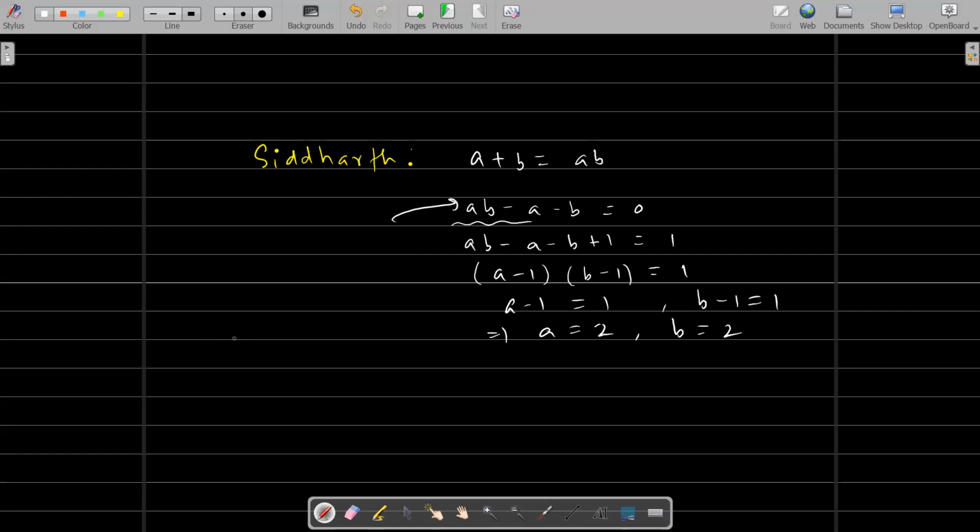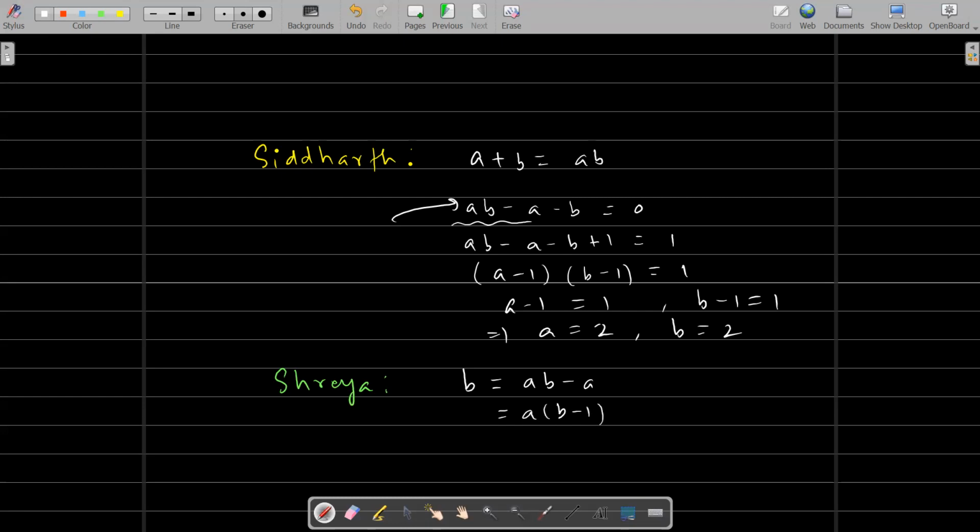Shreya, do you have some other solution? Yes. So B is equal to AB minus A. Now this can be factorized as A into (B minus 1).